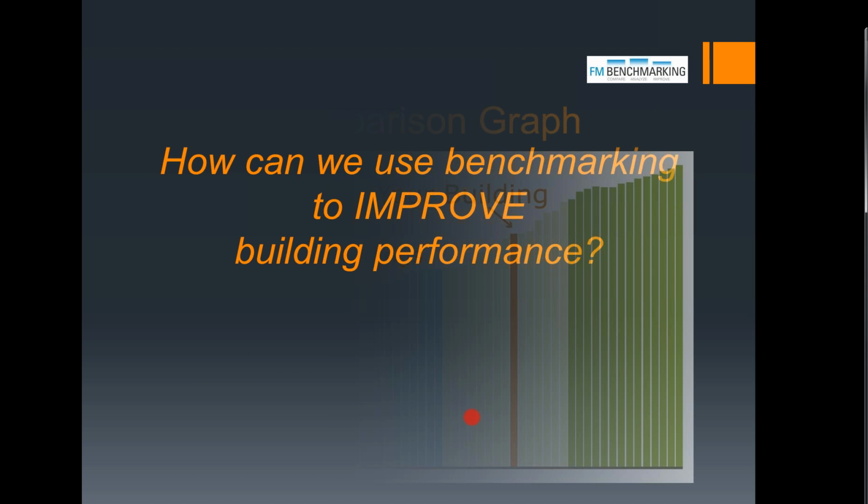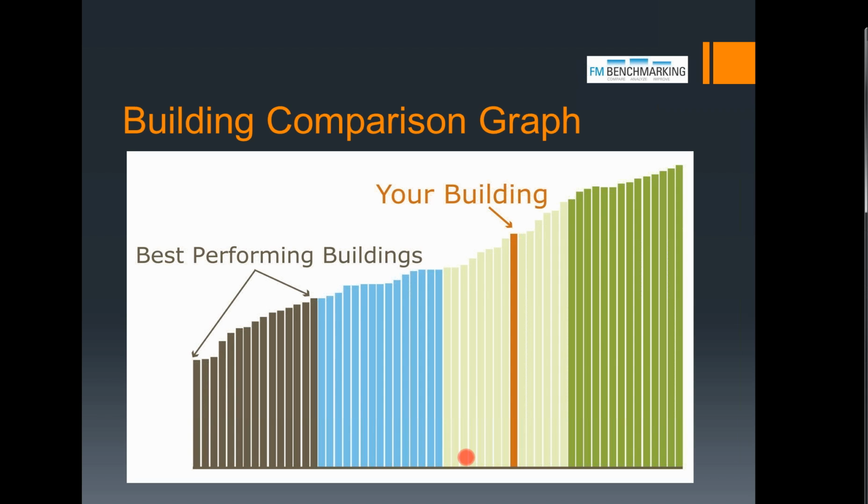The way we do that is, let's go back to a schematic of some of the types of charts that you saw before. It doesn't matter what the metric is, but this was our traditional chart that we showed you. You have all the individual buildings here, and then you have your building in the middle of the third quartile, and you find out that your building is not doing as well. It's costing more per square foot than all these other buildings in the first two quartiles.